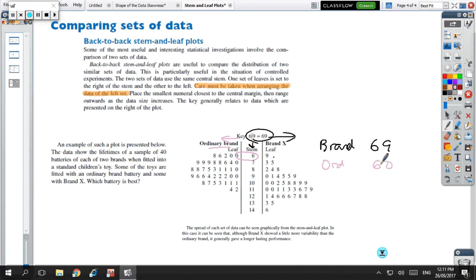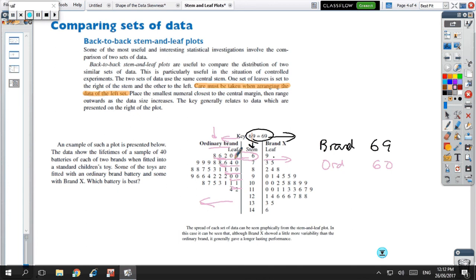The trick is reading the left-hand side, which is a little bit harder because you've still got to arrange your numbers from the stem outwards. You can see how the numbers are getting bigger, 0, 0, 2, 6, 8, whereas on this side the numbers are going bigger that way. So you've got to reverse the way you write your numbers for the left-hand side. That's the only trick with the left-hand side. You've got to work your way from the stem outwards.